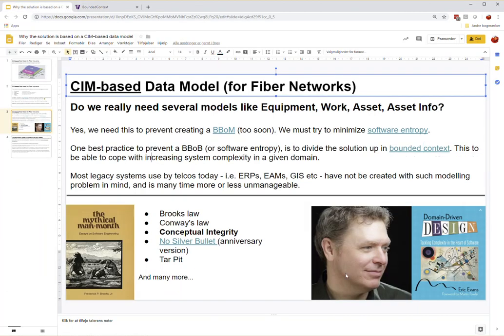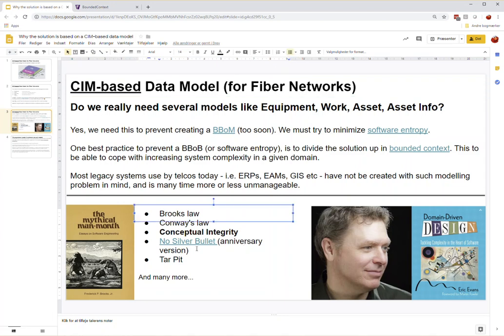Okay, I throw this book in here from Frederick Brooks. I'm not saying you should read this book, but I have a special relationship to it because I read it when I was about 20 years old. It was the anniversary version, I cannot pronounce that word, created 20 years after the original version.